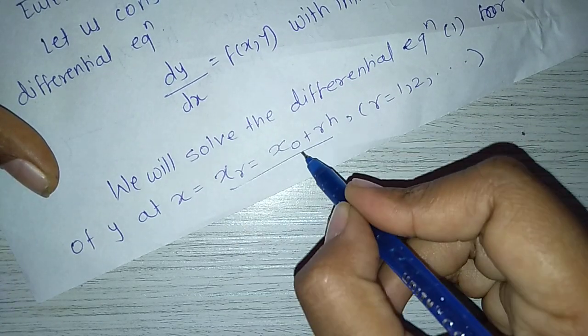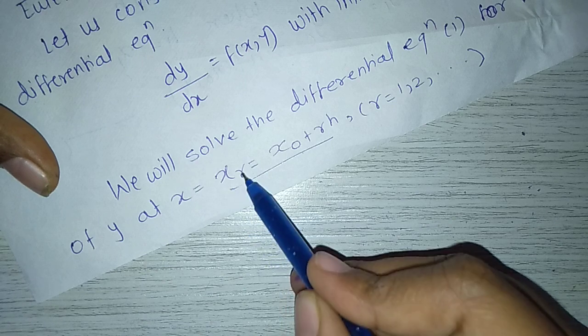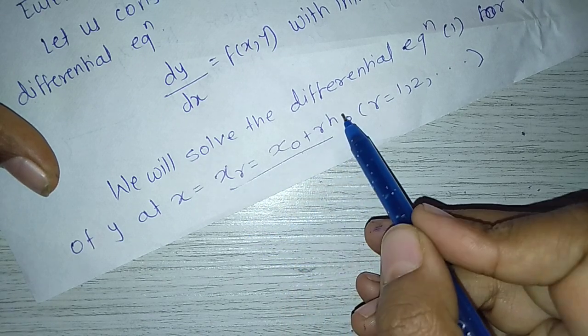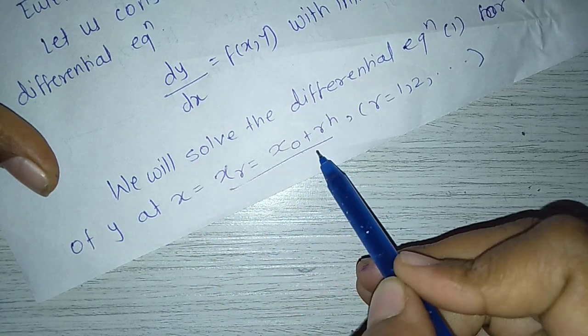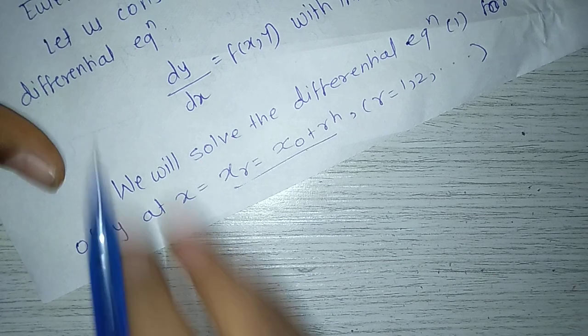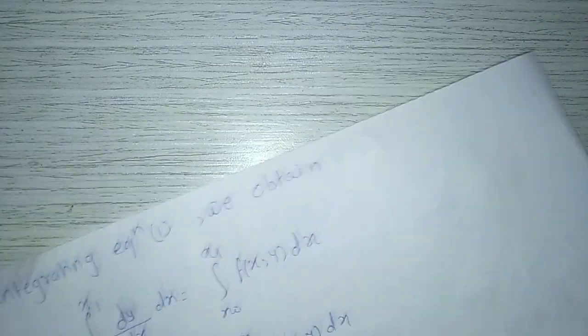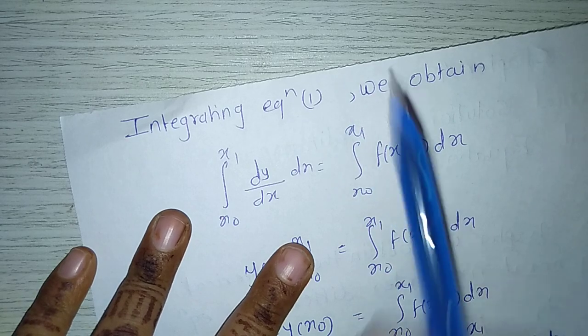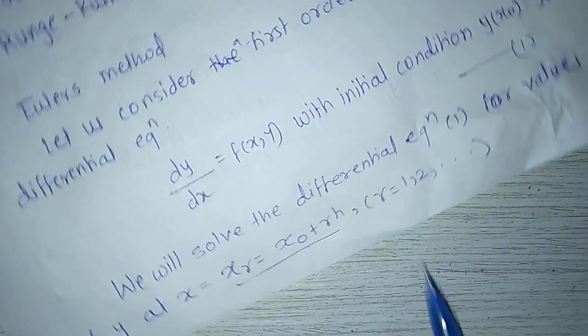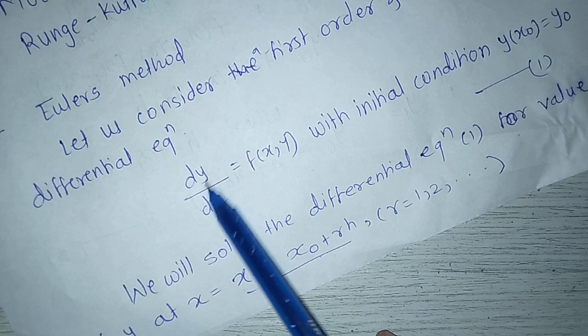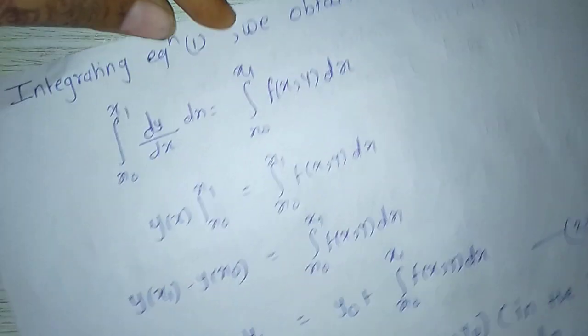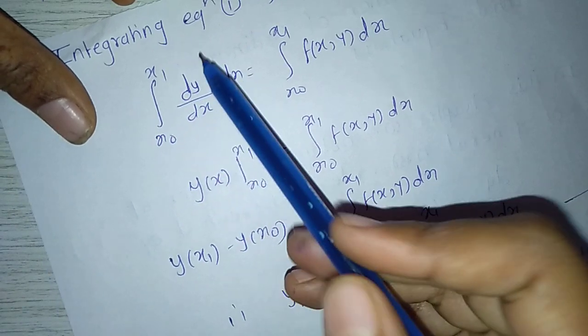xr equal to x naught plus rh means x1 equal to x naught plus h, x2 equal to x naught plus 2h and so on. Integrating equation 1, we obtain: equation 1 is dy by dx equal to f of x, y in the interval x0 to x1.